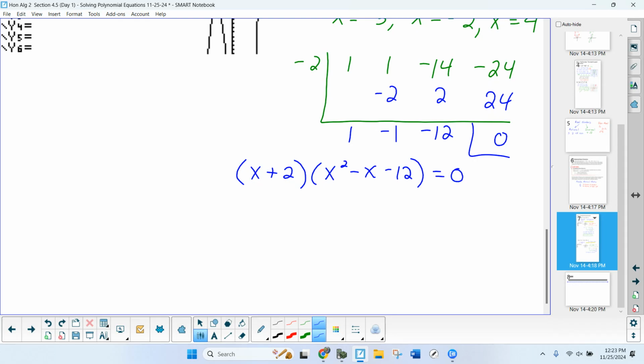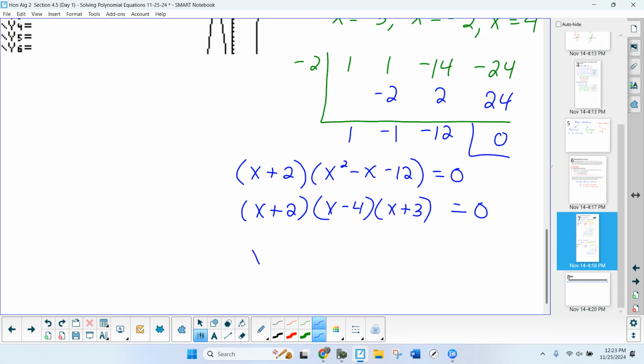A is 1, life is easy. What multiplies to give you negative 12 that adds together to give you negative 1? Careful, I got your signs wrong. It'd have to be negative 4 and positive 3, right? Multiply, give me negative 12, add, give me negative 1.